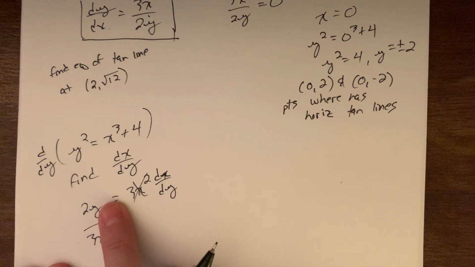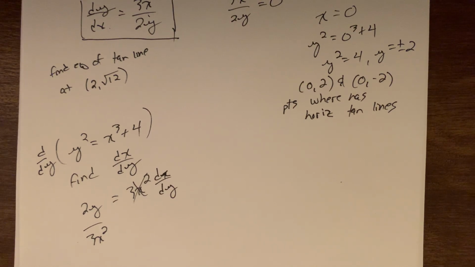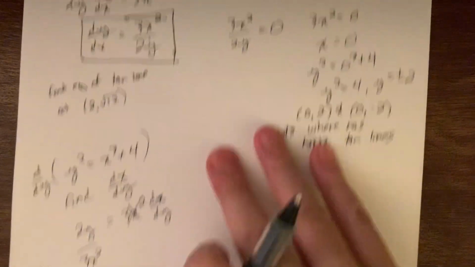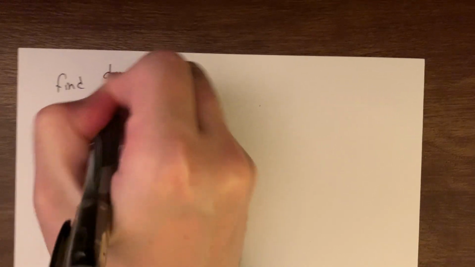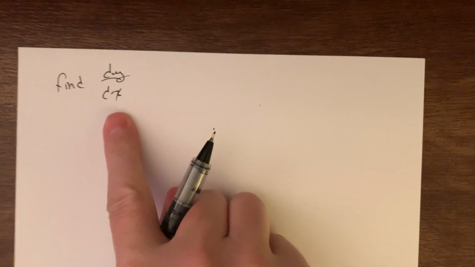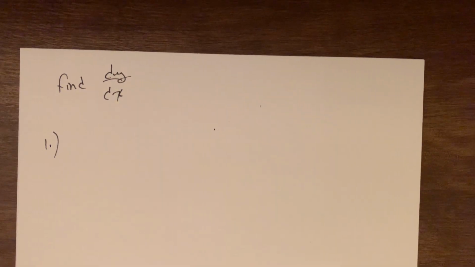So just to point that out, but for all the rest that we're going to do, now I want us to get some real practice. And for the whole next bunch of problems, the directions for all of these is going to be find dy over dx. So let's start with number 1.